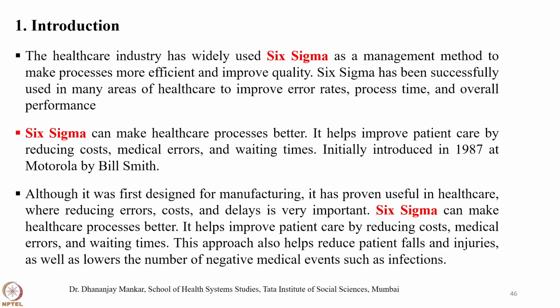It helps improve patient care by reducing the cost, medical errors and waiting time. This Six Sigma approach also helps reduce patient falls and injuries, as well as lower the number of negative medical events such as infections, and a lot of other things which can be understood with the help of Six Sigma.